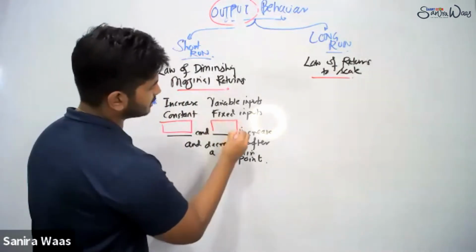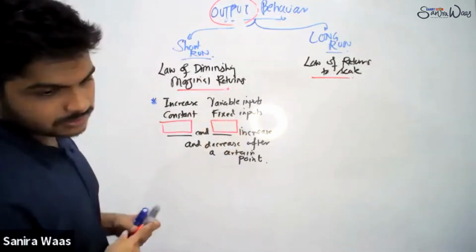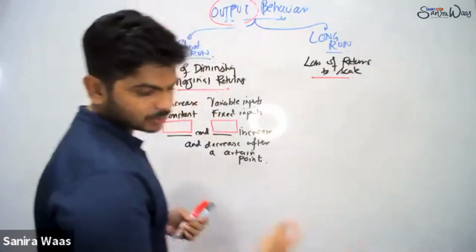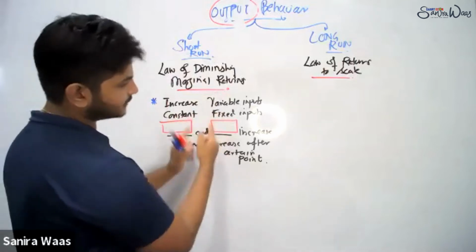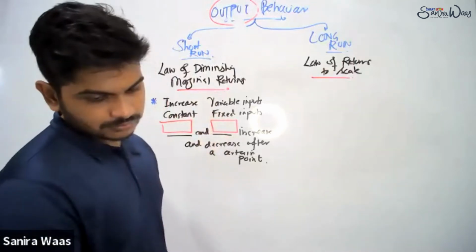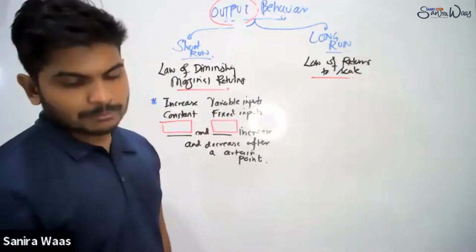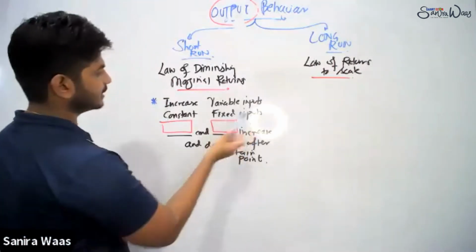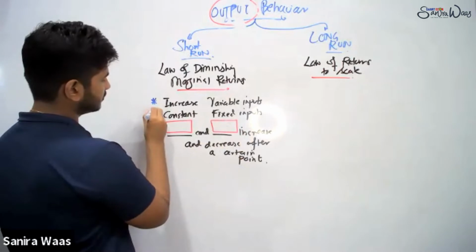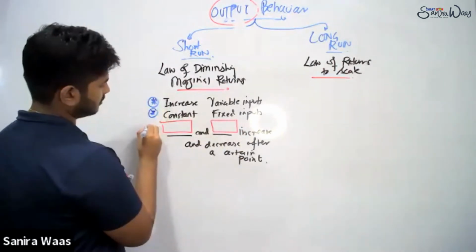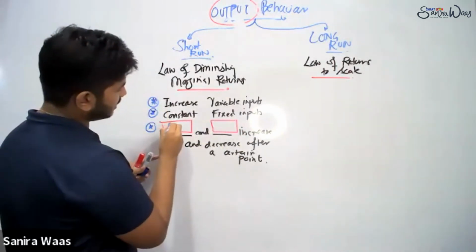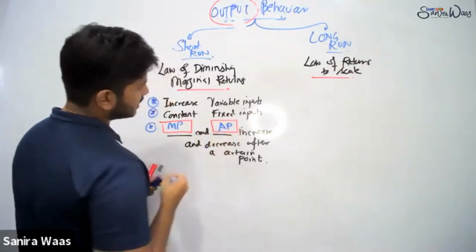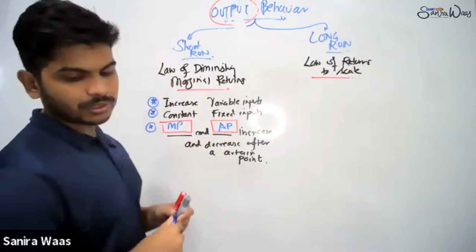What need to come in these two blanks? Is it MP, AP, TP? What is the two products? Two blanks which is come. Anna, Hari, good. It always have to be what? Variable inputs. What would happen? Your MP and AP will increase and decrease after a certain point.